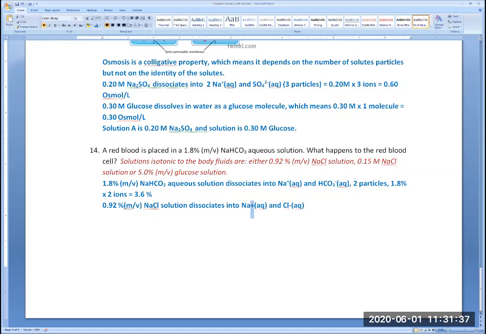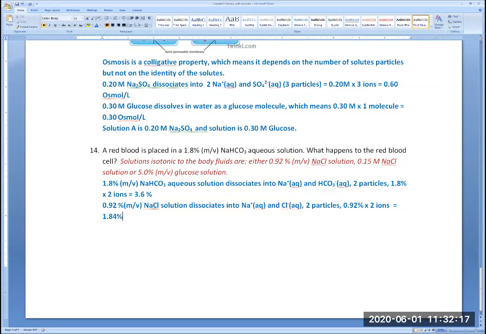Hopefully by now you recognize NaCl easily and know that it's made of Na plus and Cl minus. So 2 particles. So that's the same number of particles. So you take its percentage times 2 ions, so 0.92 times 2, 1.84.